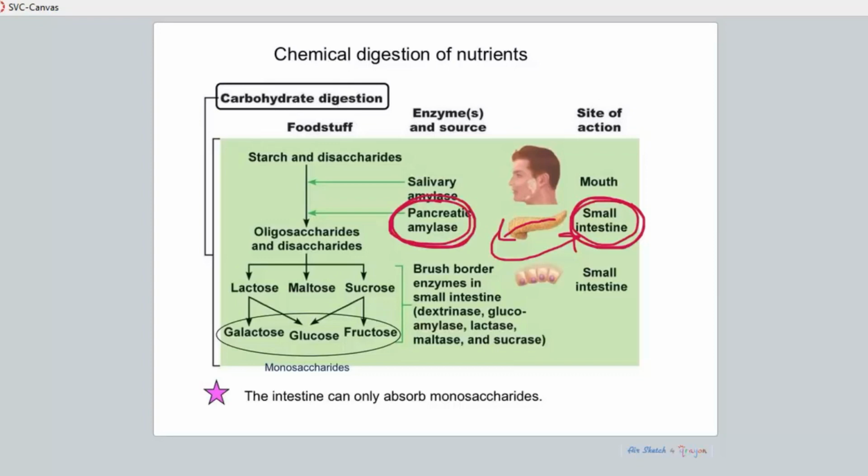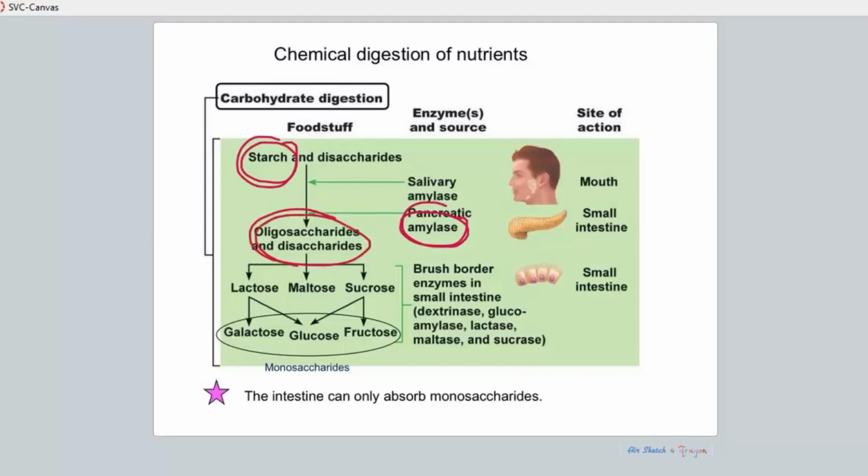What pancreatic amylase does is it breaks starch down into disaccharides, but also what are called oligosaccharides, which maybe have like 10 carbohydrates in a row. The point being that pancreatic amylase takes these large starch molecules and breaks them down into smaller molecules, oligosaccharides and disaccharides.